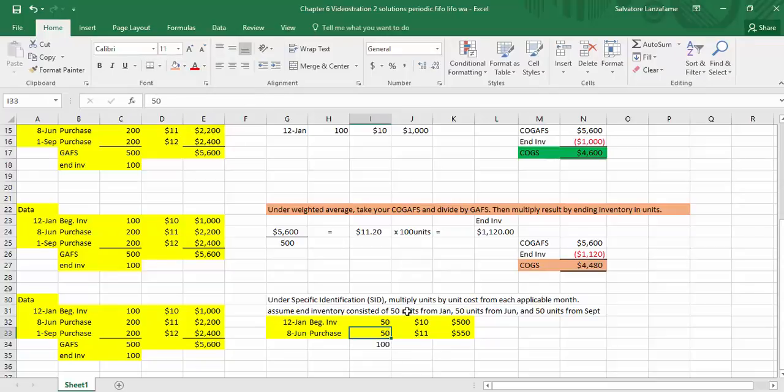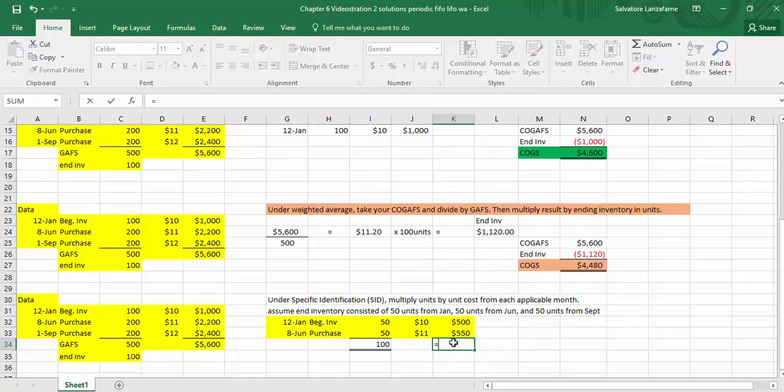You would be privy to this information if you were counting the inventory. So if we do the math, add the 500 and add the 550, we have 1,050.